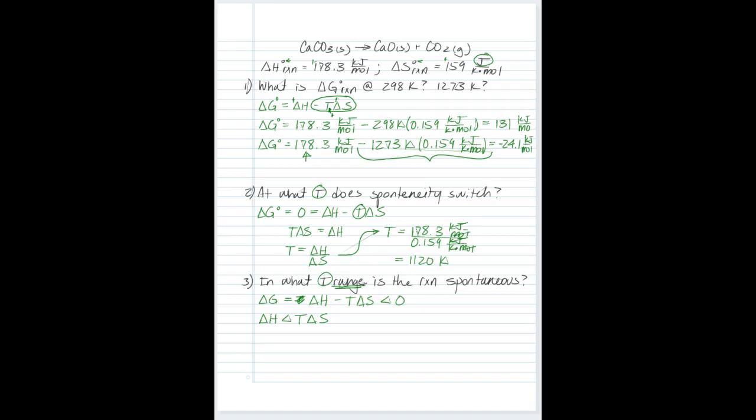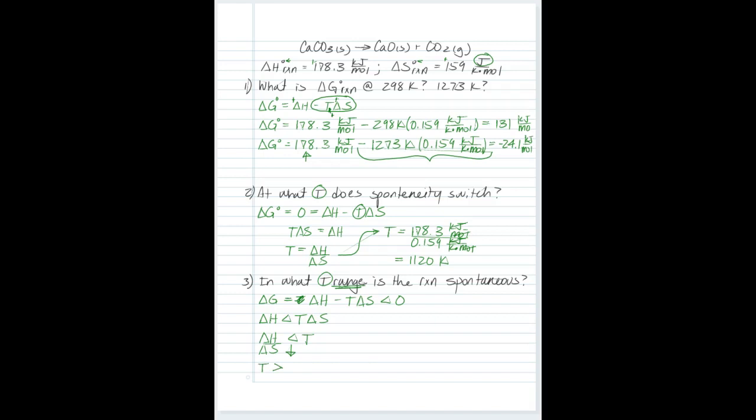And this time I'm going to keep T on the right because I don't want to confuse myself by turning around my equation, because then I have to turn around the inequality too. So let's just keep it simple. Delta H over delta S is less than temperature. Now I can turn it around if I want to. I'll just do it in another step. So we always want it open to the same side as it was before.